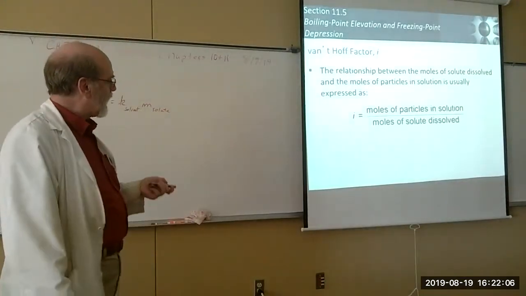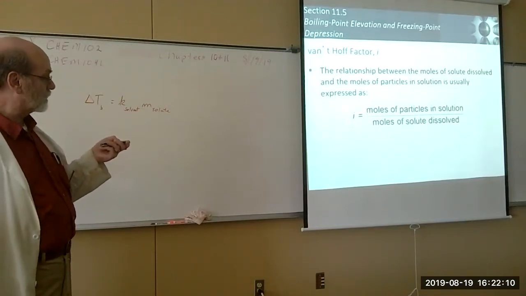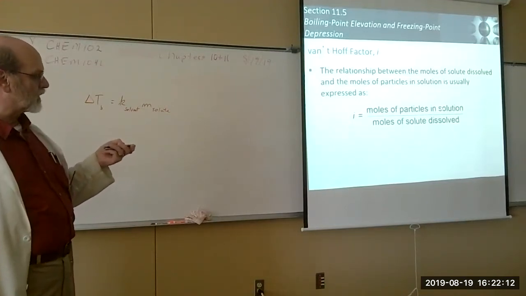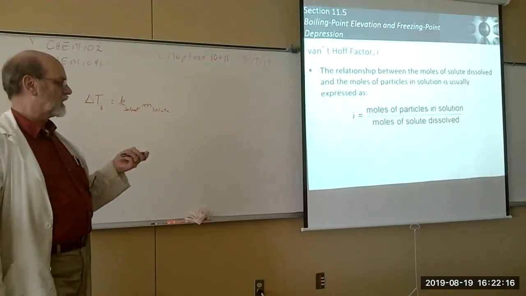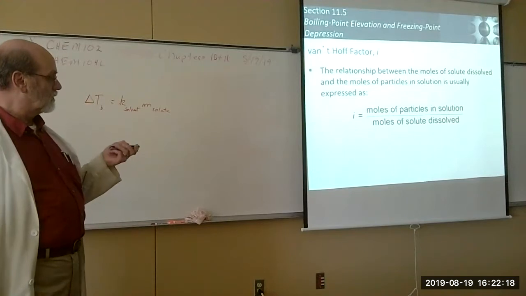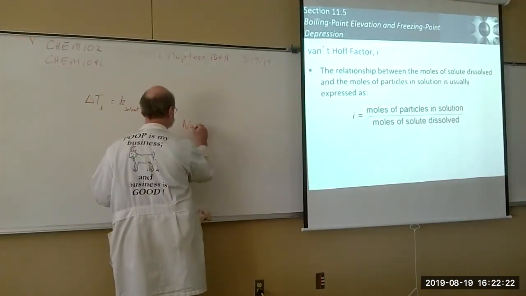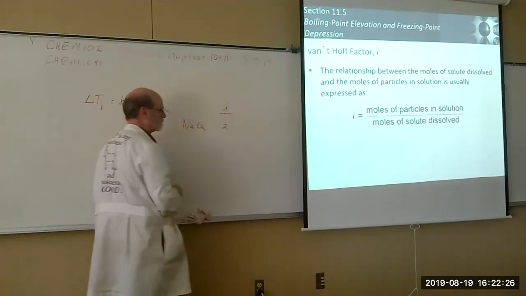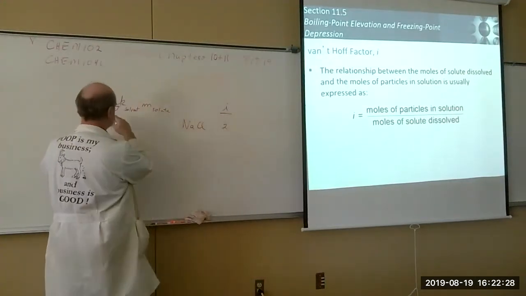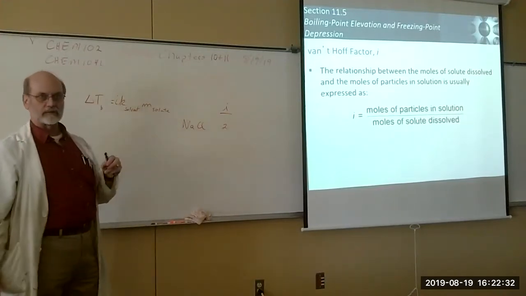So that's this factor, the Van 't Hoff factor, i. Moles of particles in solution versus moles of solute dissolved. In this case, for sodium chloride, i is 2. So you would take this and multiply it by the Van 't Hoff factor.